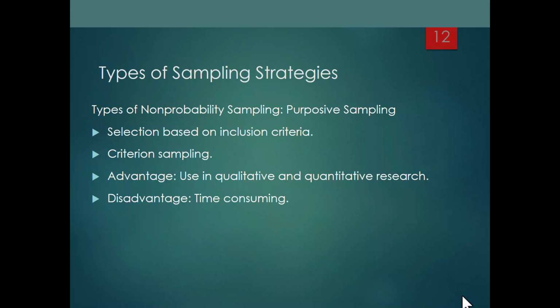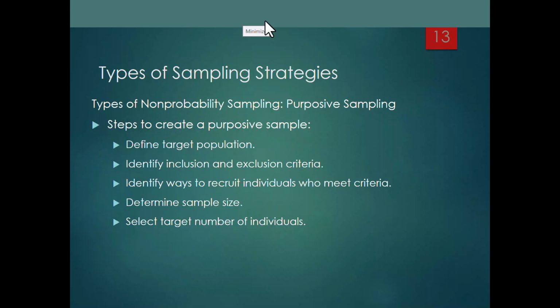Criterion sampling involves selecting participants based on the criterion established by the researcher. So the advantage of using purposive sampling is that you can use it in both qualitative and quantitative research. The disadvantage is that it's time consuming. Here are the steps to create your purposive sample.